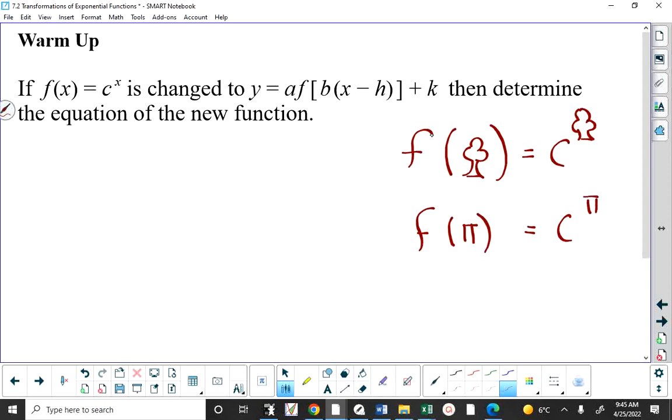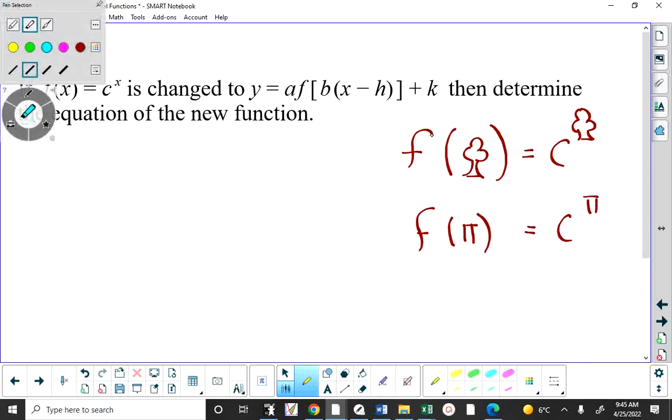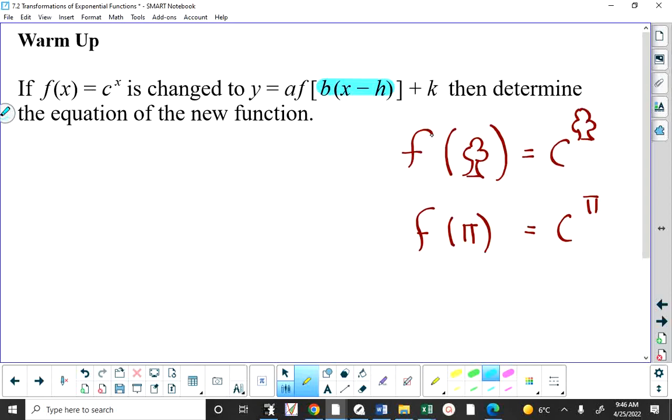So f of this thing is c raised to that thing. That's what it means. So forgetting about the a out in front and the k at the end, f of b bracket x minus h will be c raised to the b bracket x minus h.